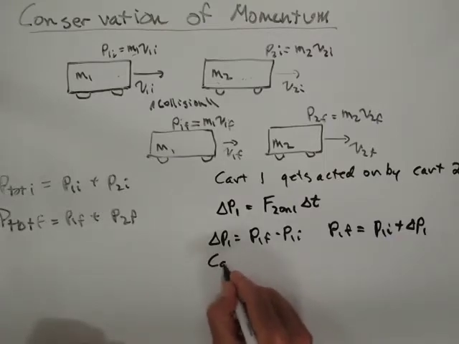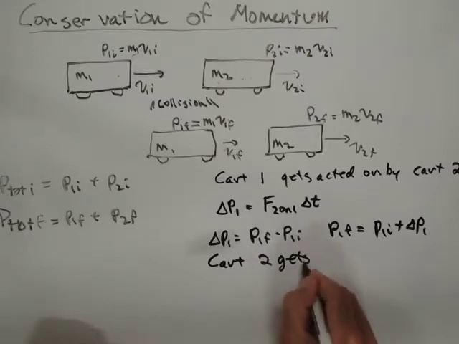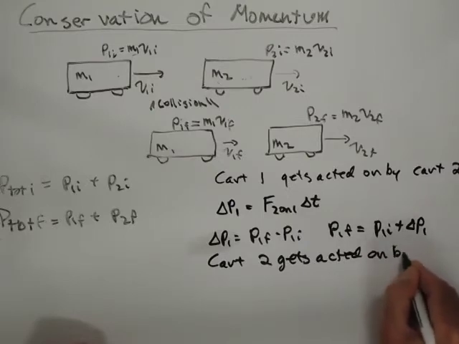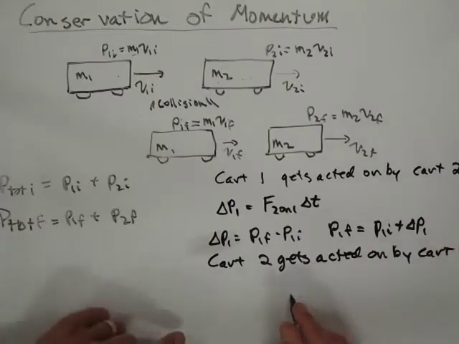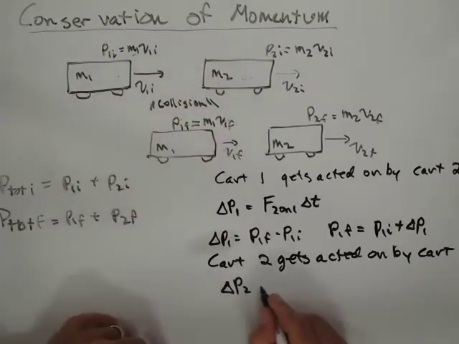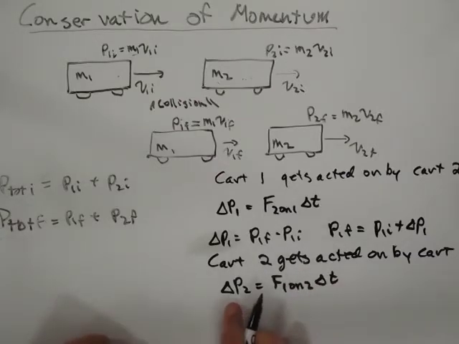Similarly, I could say cart 2 gets acted on by cart 1. Delta P2, the change in momentum for this cart, is F1 on 2 times delta T. The change in momentum for cart 2 is the force that acts on it times the time, and that's due to the force due to cart 1 on cart 2.